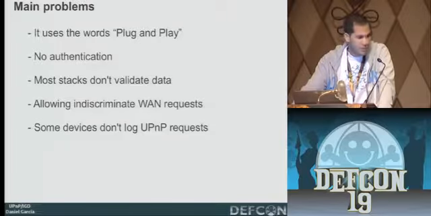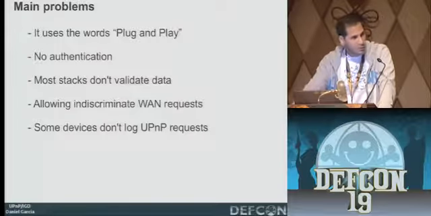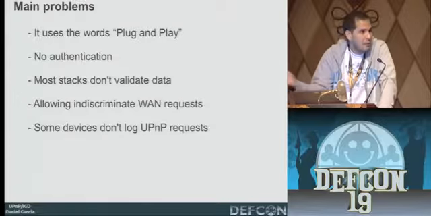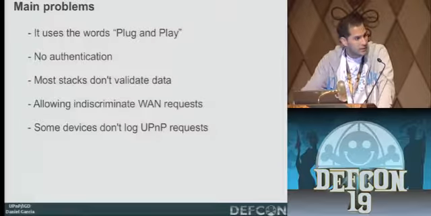There's also a ton of other problems. We have command execution on some stacks, and as you saw, denial of service and buffer overflows. In fact, denial of service is so bad that when I was programming UMAP, the tool I'm going to showcase, I accidentally crashed my modem like 1,000 times, and I didn't even do anything. I'm just sending bad requests, and the device will go dead.